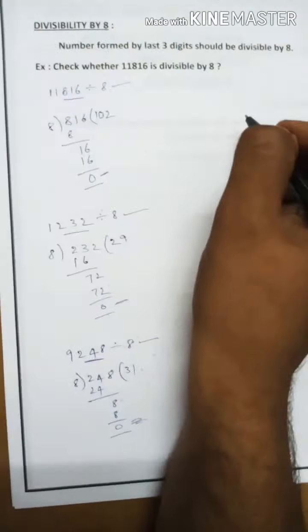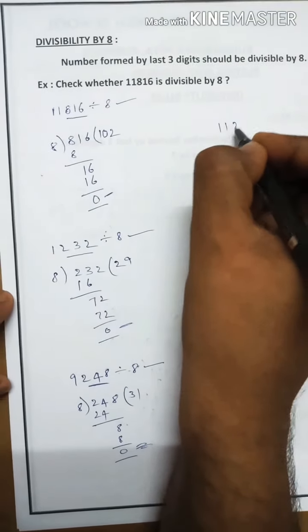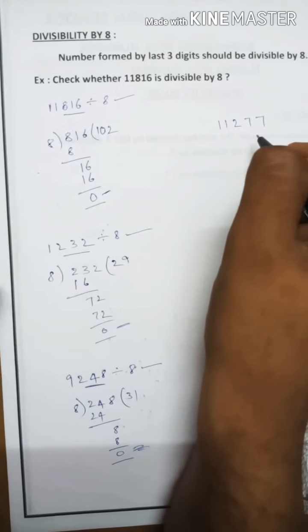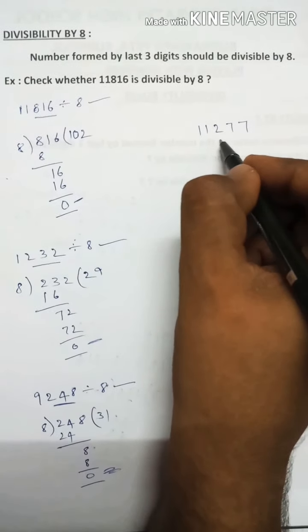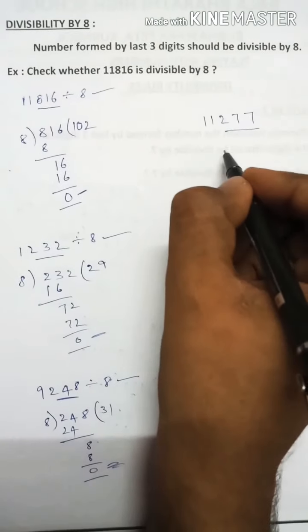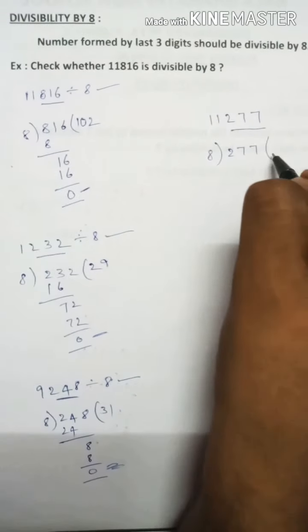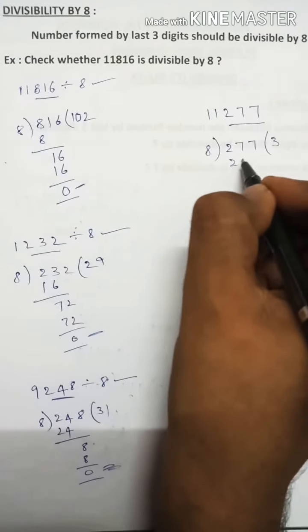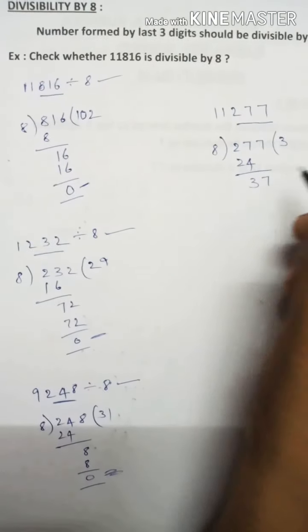Okay, again let us take one more example. I am taking here 11,277. So in this 11,277, what are the last 3 digits? 277, that is 277. Let us check whether 277 is divisible by 8 or not. 8 3s 24. So 7 minus 4, 3. Bring down 7.